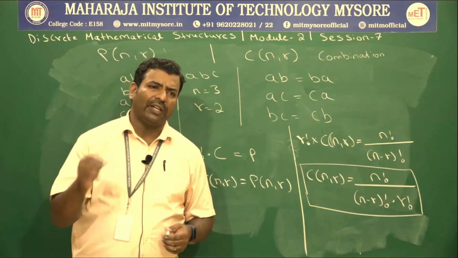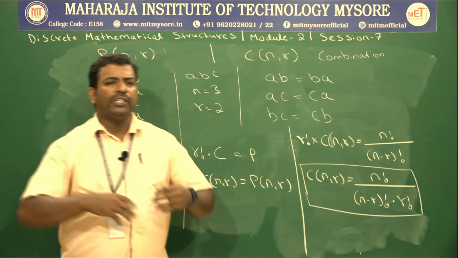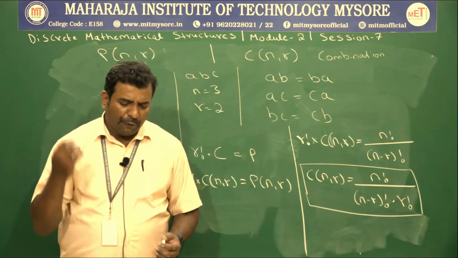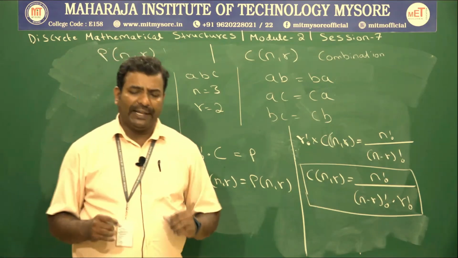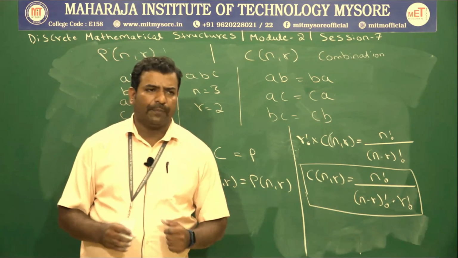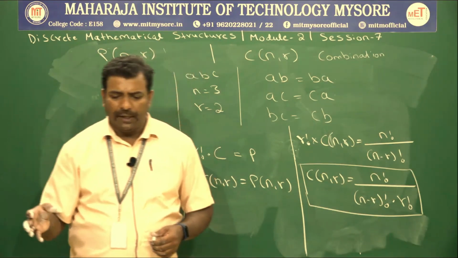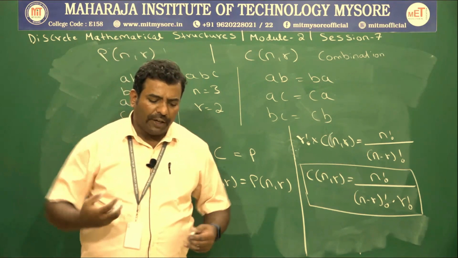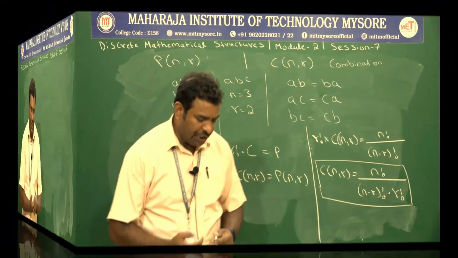When should I think that I need to make use of permutation here, or when should I think I am going to use a combination over here? So for that, let me give an example and clear your doubts as much as possible. The examples I will take in the next session, but in this session what I want you to do is think about when should I use permutation and when I am going to use a combination.